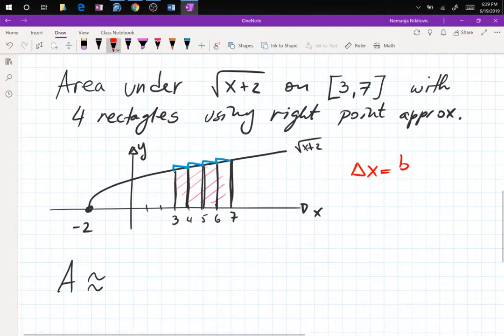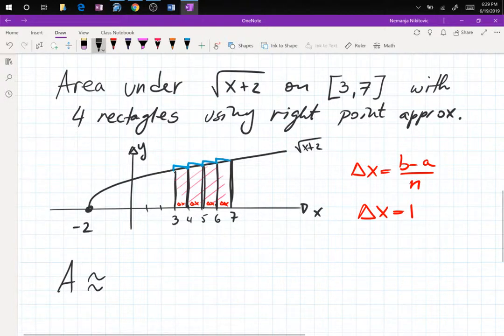Delta x equals b minus a over n. Delta x is each one of these widths over here on the bottom. So we see that delta x is equal to 1.